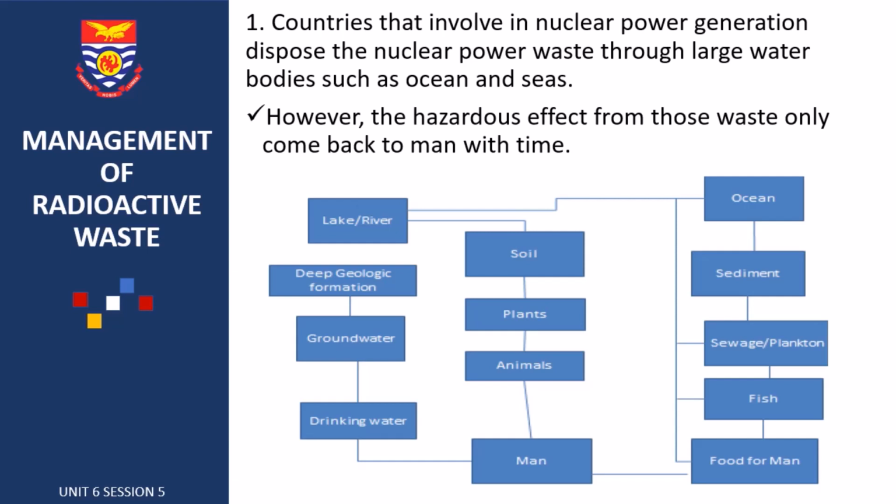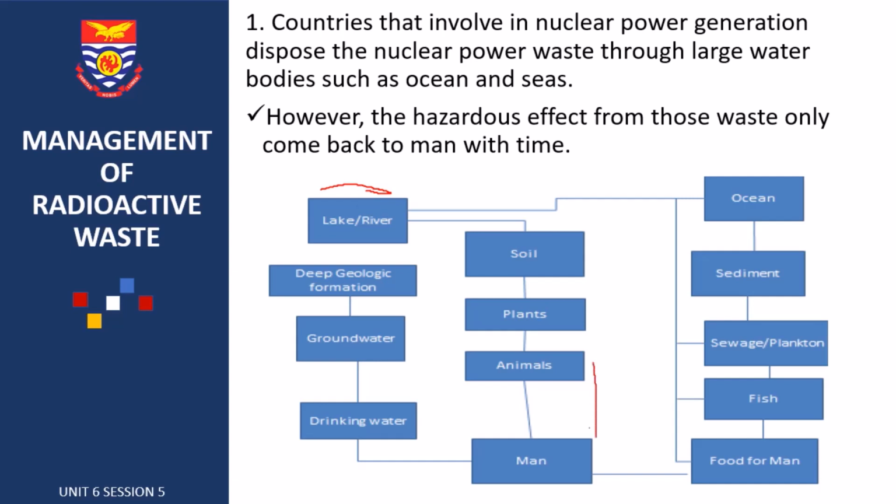However, this waste goes round and comes back to humans again. When you study the diagram here, you realize that if the waste is deposited into a lake or river, it ends up getting into the soil. Plants will pick it up, animals will pick it up from the plants, and humans will end up consuming it.